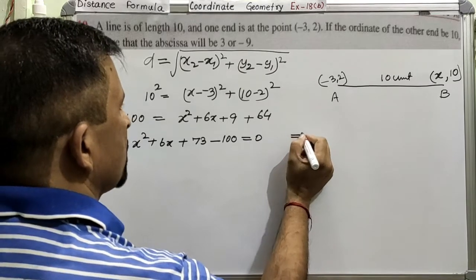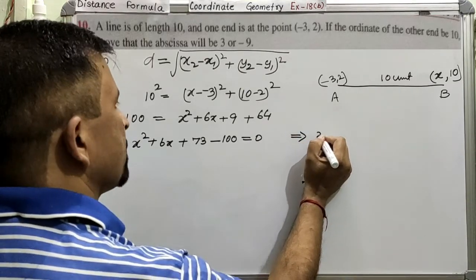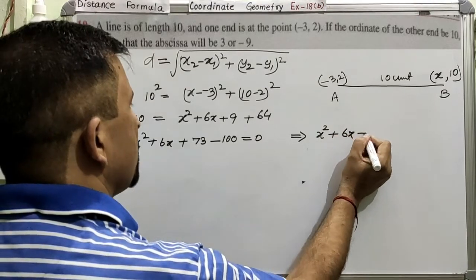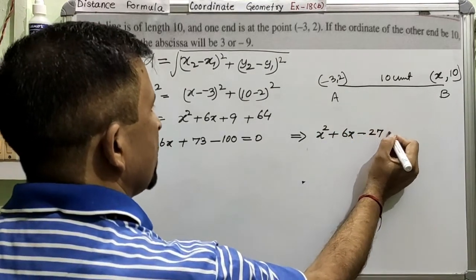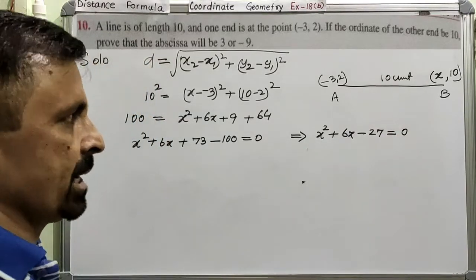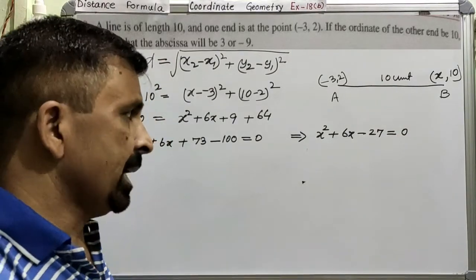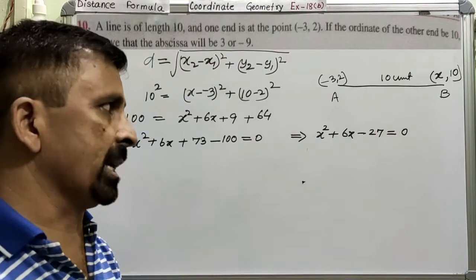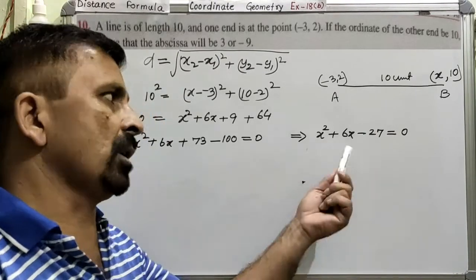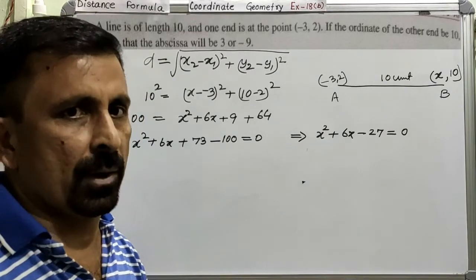Clear? So then simplify, and finally your equation will be x square plus 6x minus 27 is equal to 0. Now we got this as a quadratic equation in trinomial form. That means we can solve it either by the factorization method or by using the root formula.